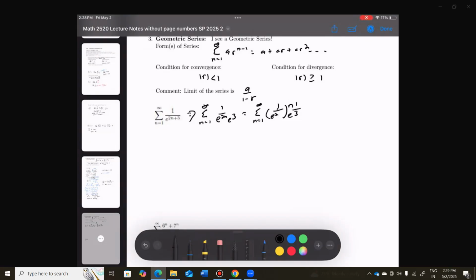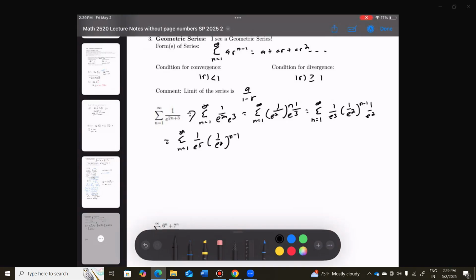And we can write this as 1 over e to the third times 1 over e squared to the n minus 1. So I'm pulling an e squared out of there, so it subtracts by 1. And so we have summation n equals 1 to infinity of 1 over e to the fifth times 1 over e squared to the n minus 1.